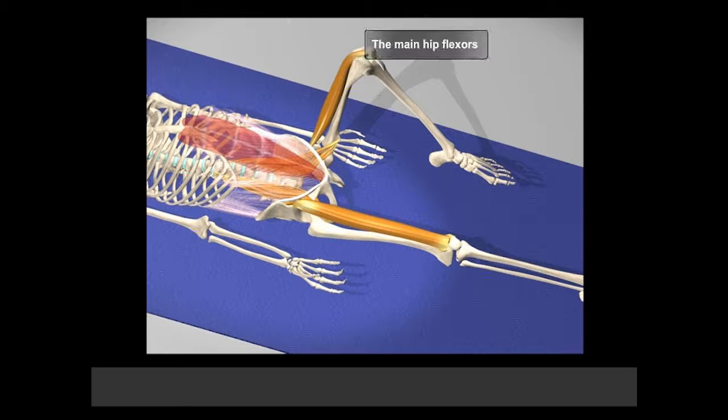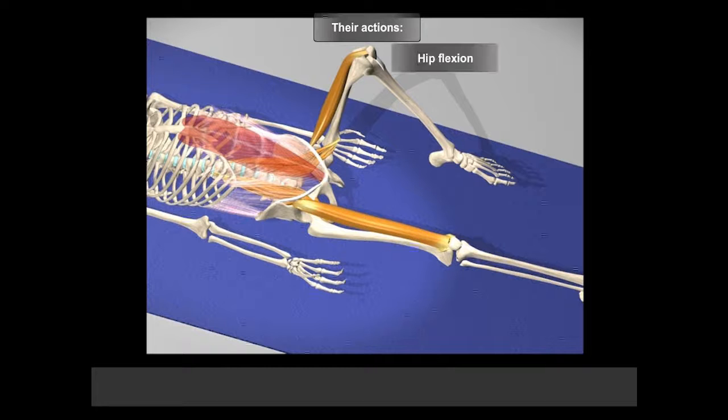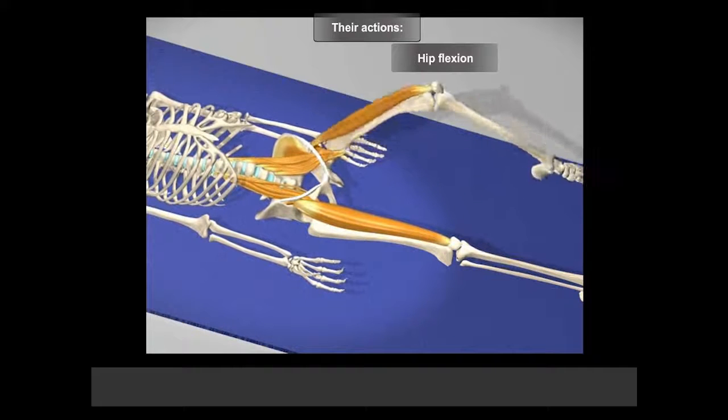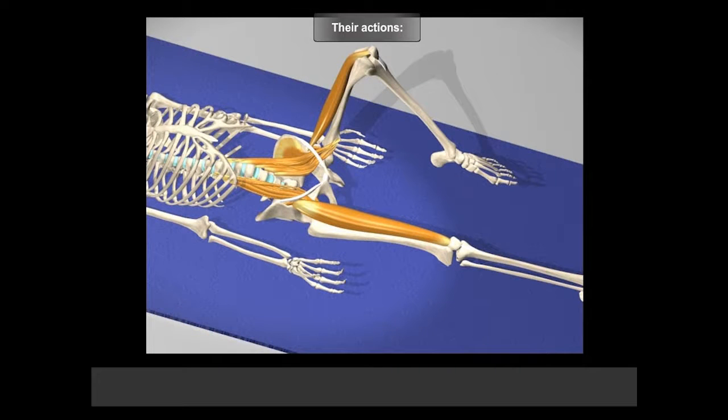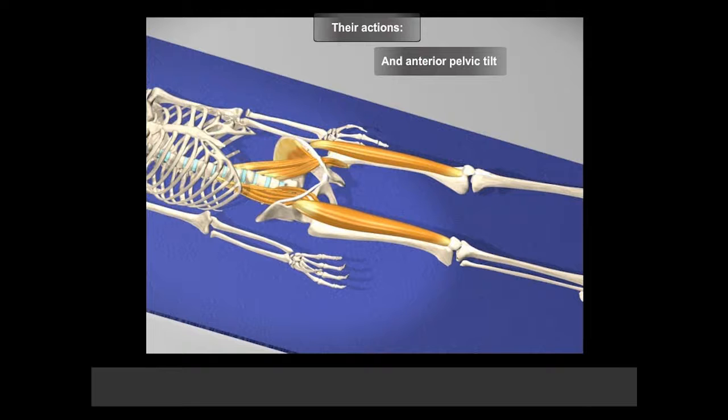The main hip flexors, iliopsoas and rectus femoris, have these actions: hip flexion and pelvic tilt.